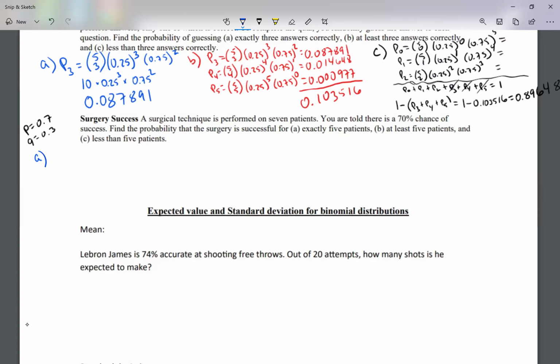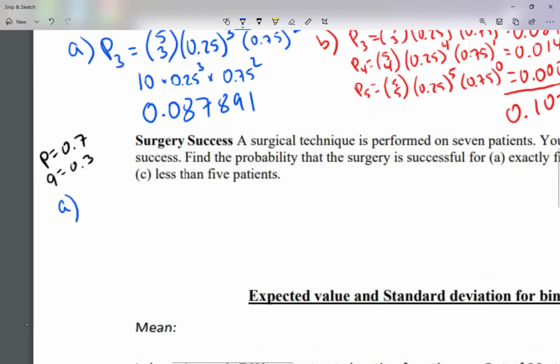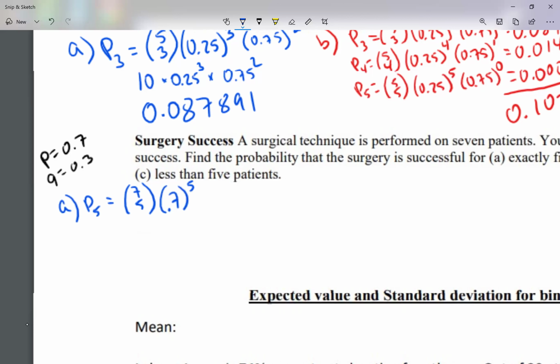So my A says exactly 5 patients. So what's the probability that exactly 5 patients succeed? So what does this look like? Remember, there were 7 patients, so I'm going to say 7 choose 5 times 0.7 to the 5th, because I want 5 patients to be successful, and 0.3 to the 2nd, because I want 2 of them to be not successful.